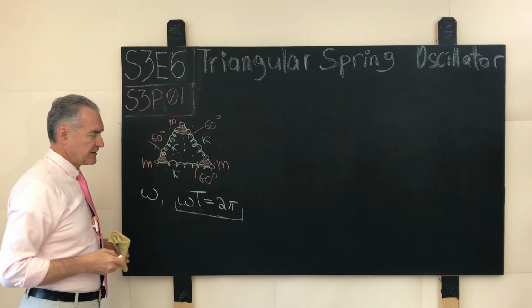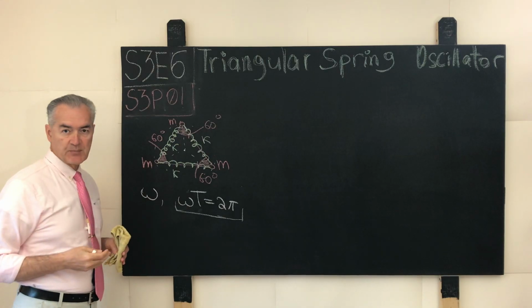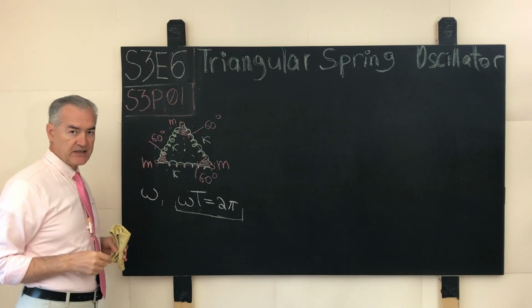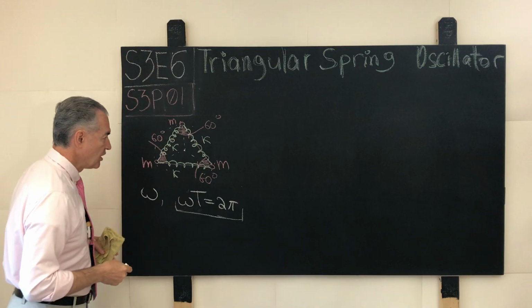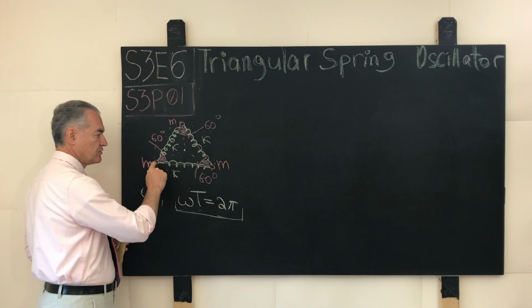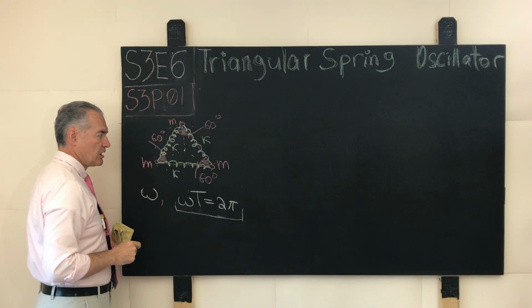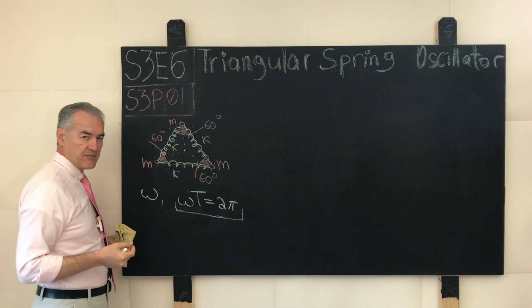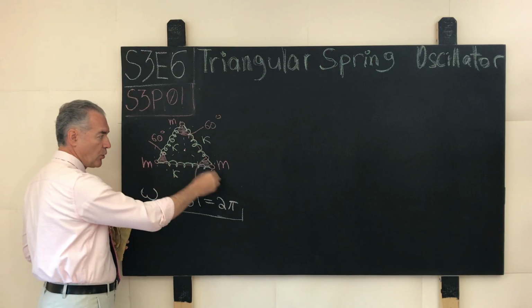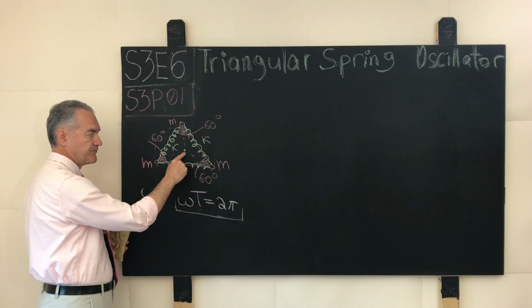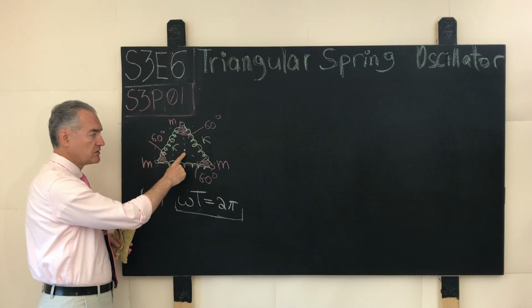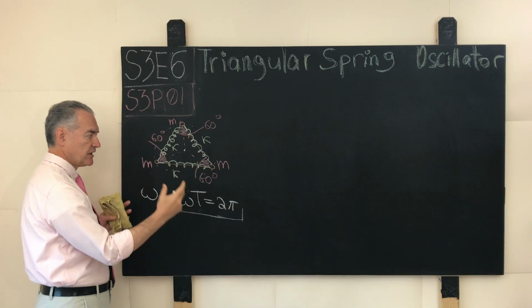We assume that the system is, let's say, positioned in the horizontal plane, and at some point all three masses, all three points that form an equilateral triangle, are pulled by exactly the same amount away from the center of the equilateral triangle, and then they are let go.